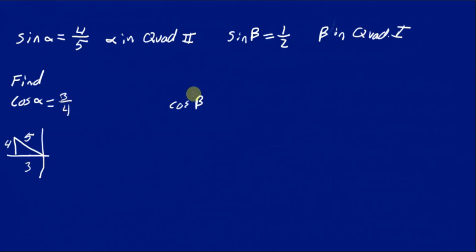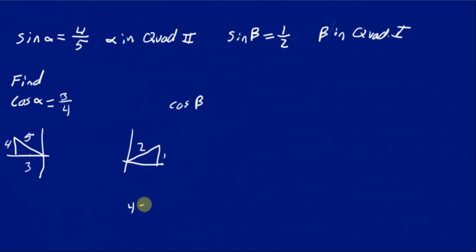3/4. The sine of beta is 1/2, but beta is in quadrant 1. So over here in quadrant 1, we're going to go ahead and draw my angle. And the sine again is also going to be the opposite over the hypotenuse. So that's going to be 1/2. So we're going to come up with 2 squared.